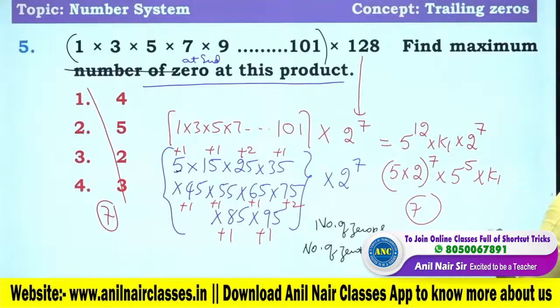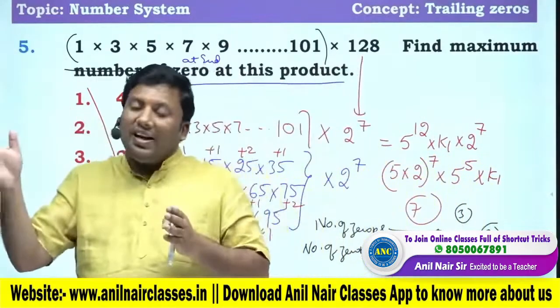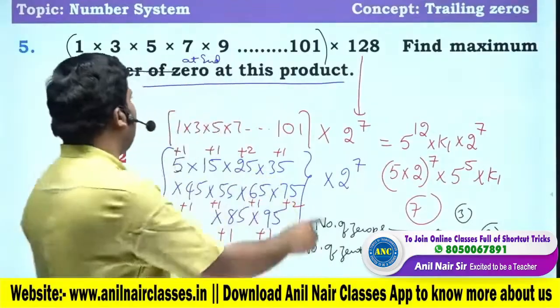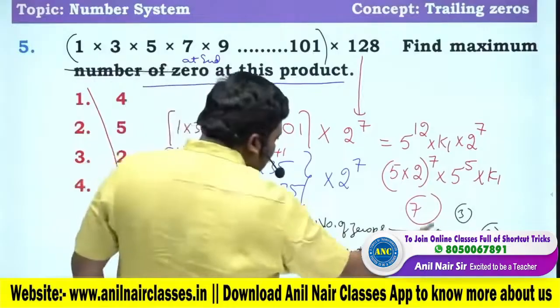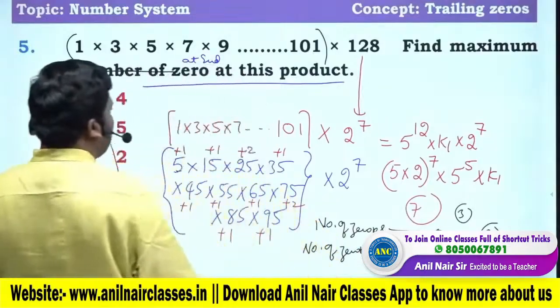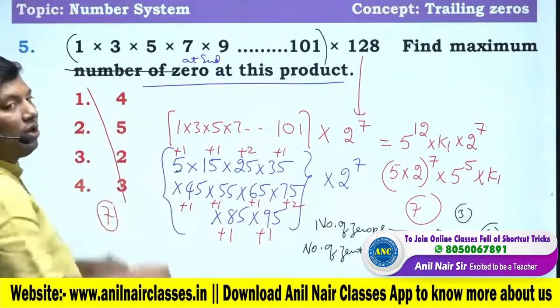Number of zeros at the end, it is 2. Number of zeros for this number, it is 3. Number of zeros at the end means at the tail end, how many zeros are there? Number of zeros means all the zeros wherever they are present.